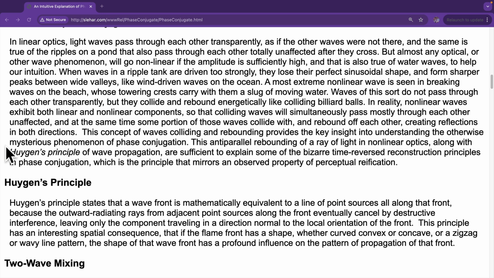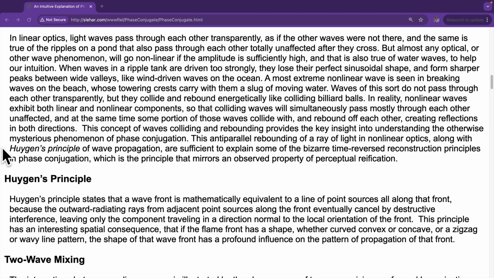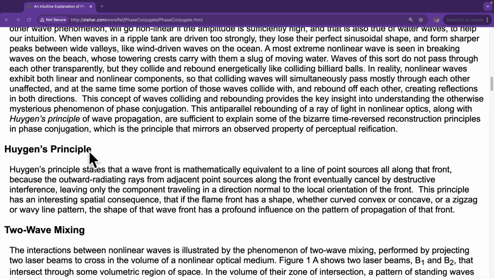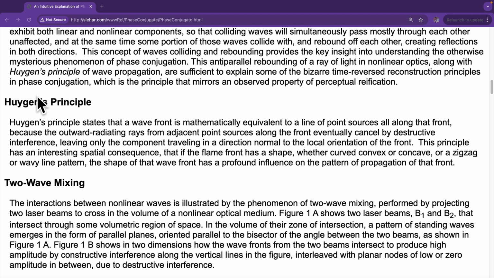This anti-parallel rebounding of a ray of light in nonlinear optics, along with Huygens' principle of wave propagation, are sufficient to explain some of the bizarre time-reverse reconstruction principles seen in wave conjugation, which is the principle that mirrors an observed property of perceptual reification.